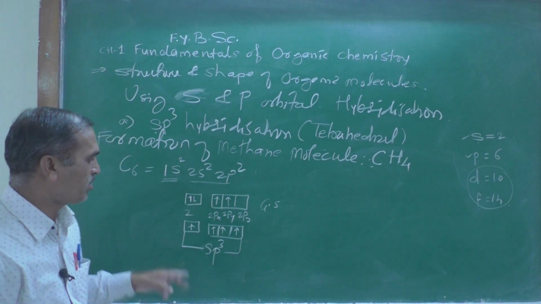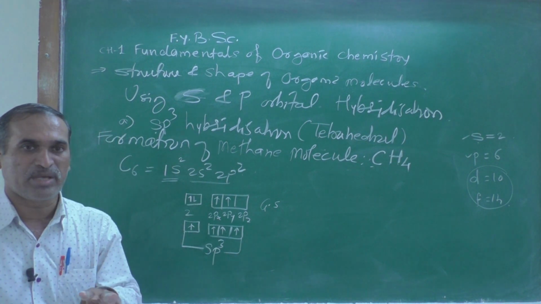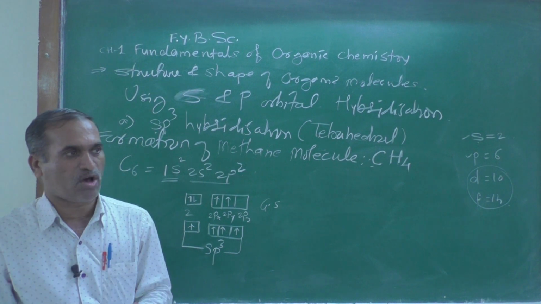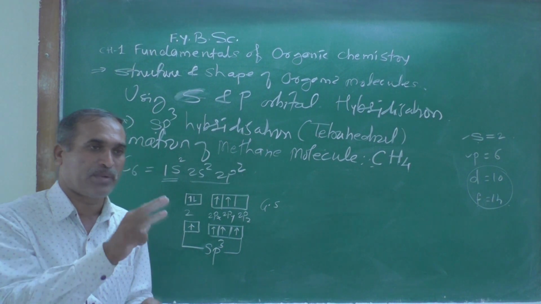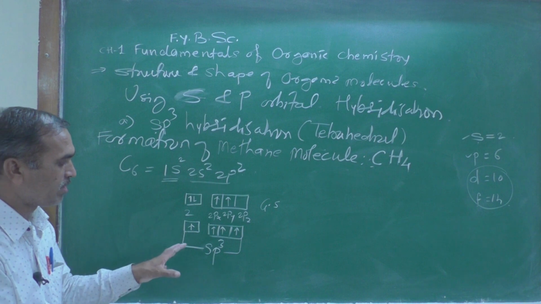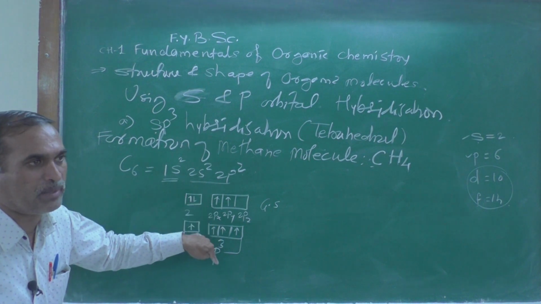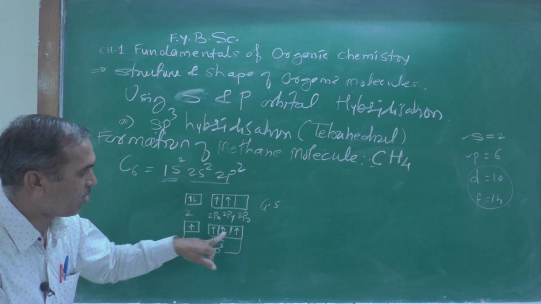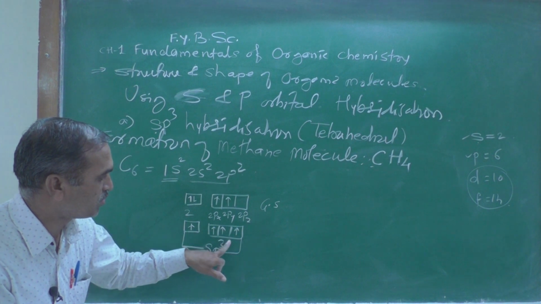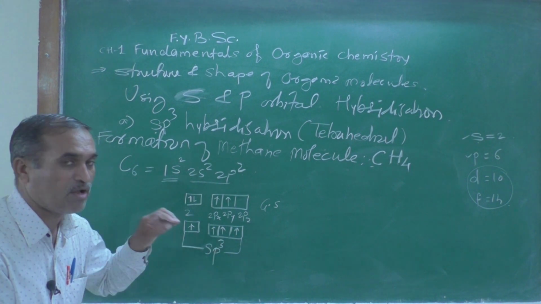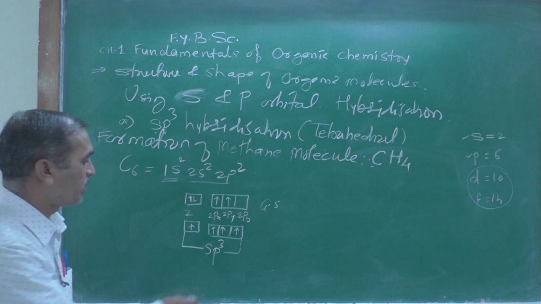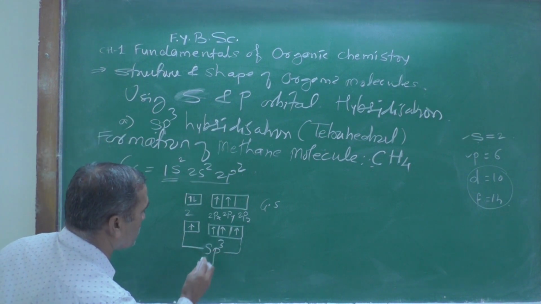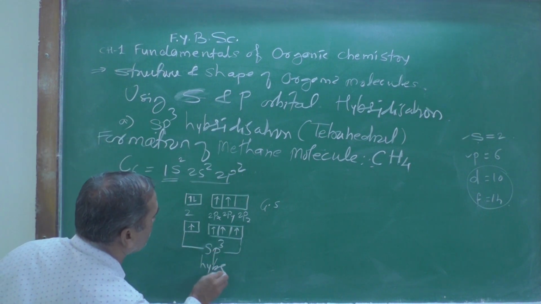By mixing 2s and 3p orbitals together, we get new orbitals. Counting them: 1, 2, 3, 4. So 4 sp3 orbitals are obtained, and this is known as sp3 hybridization.